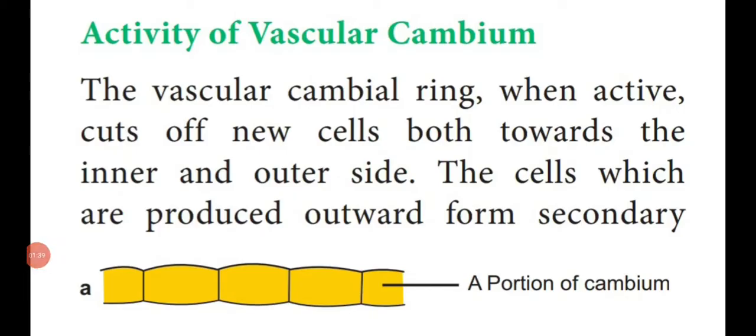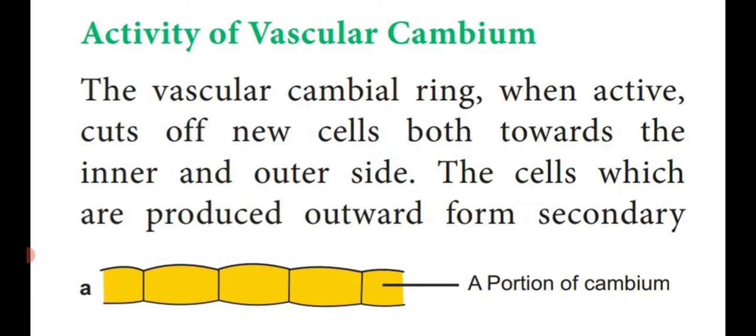Dear students, see the topic: activity of vascular cambium. So the vascular cambial ring, how is it formed? The fusion of interfascicular cambium and intrafascicular cambium to form a continuous ring-like structure is called vascular cambial ring.